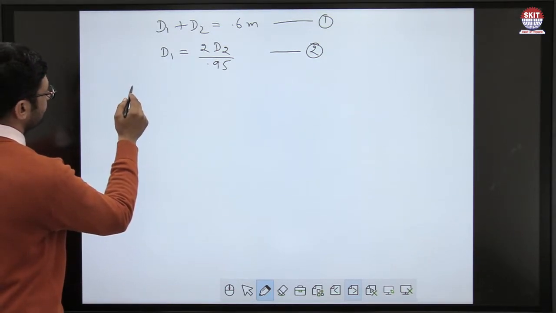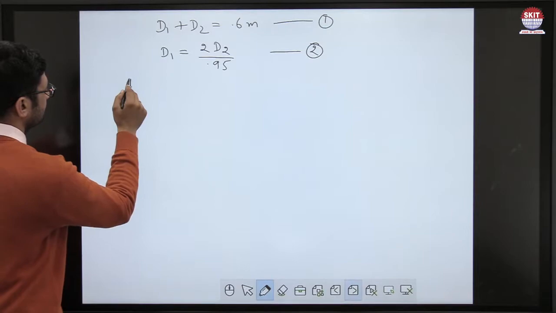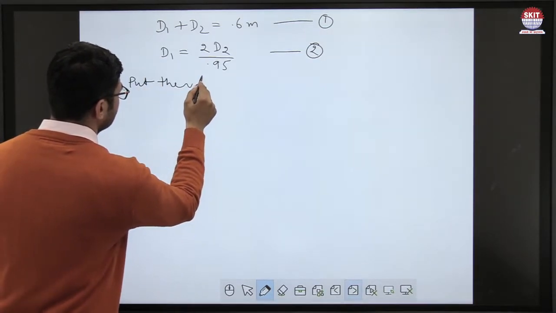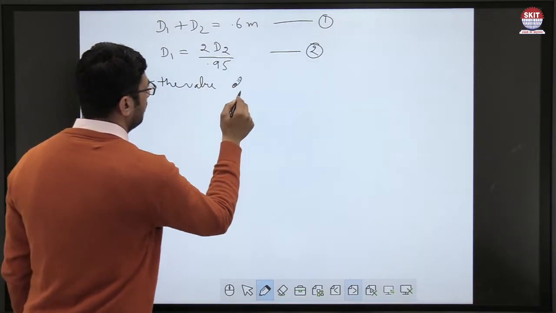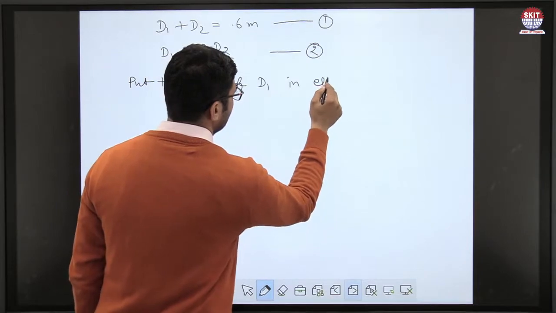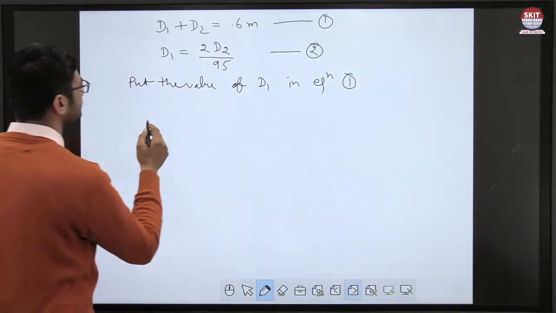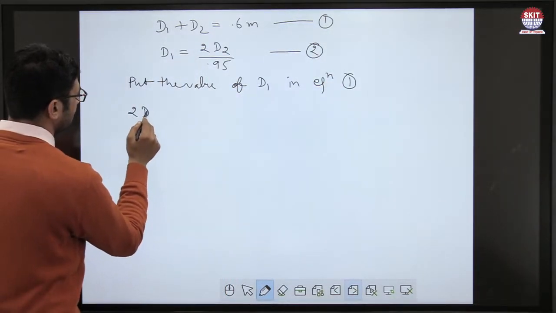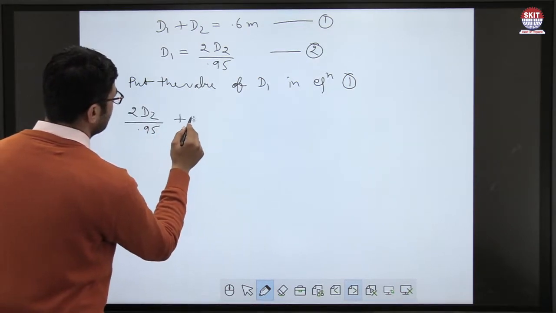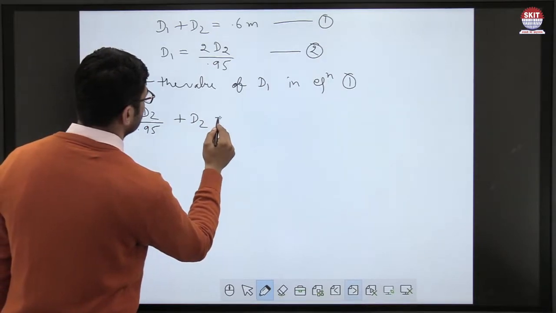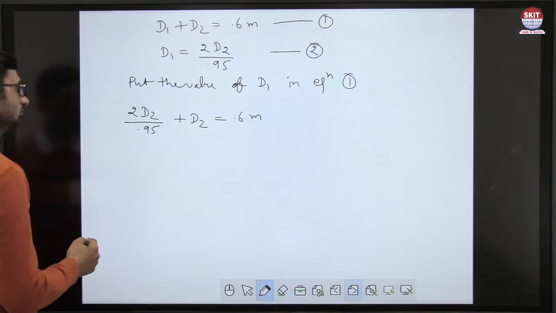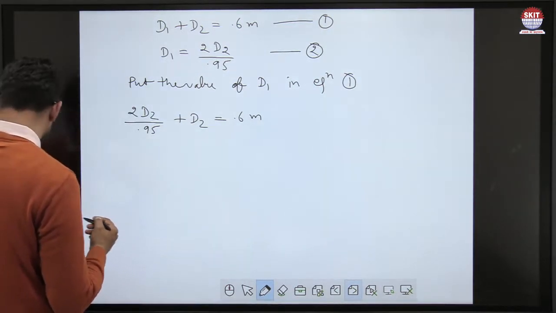Put the value of D1 in equation first: 2 D2 upon 0.95 plus D2 equal to 0.6 meter. Now solve this equation.